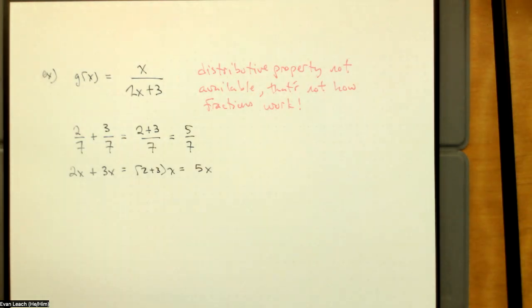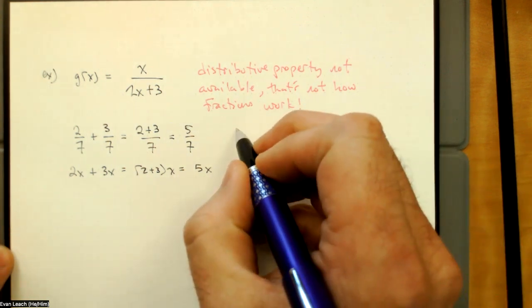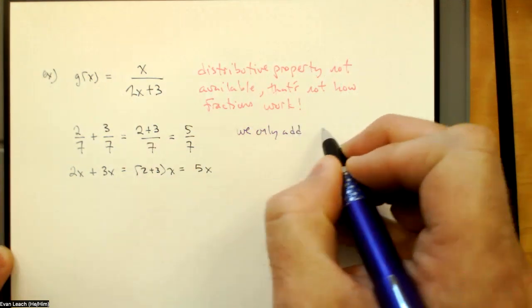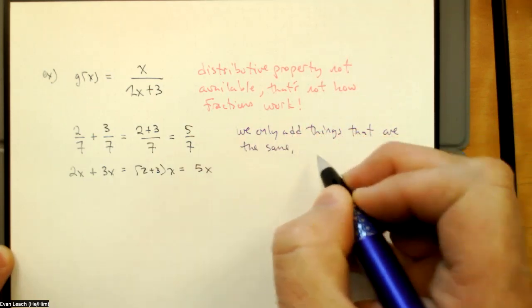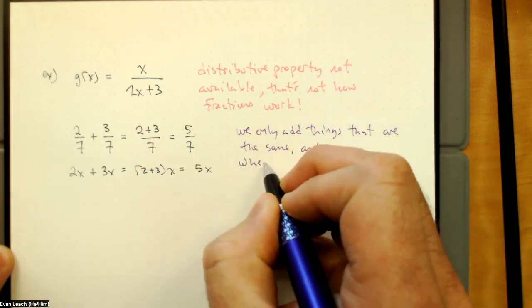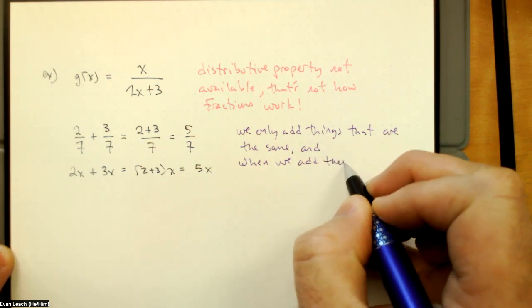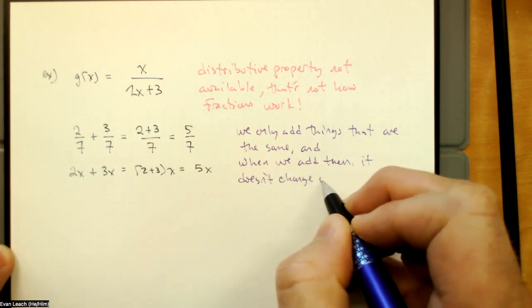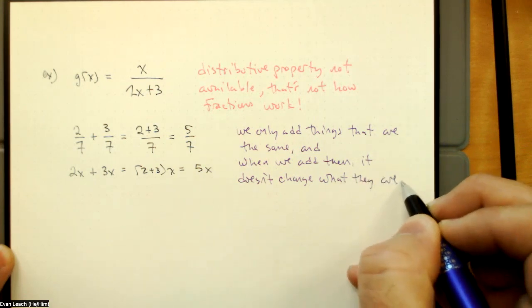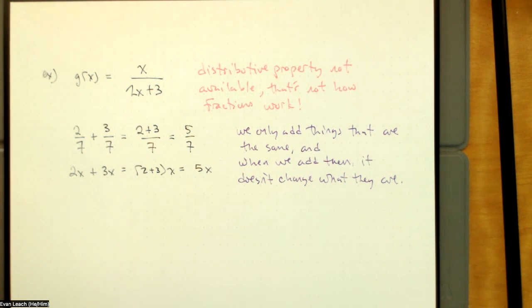So that's why, even though this is calculus class, I like to emphasize things like we only add things that are the same, and when we add them, it doesn't change what they are. In polynomials, like terms is sameness.